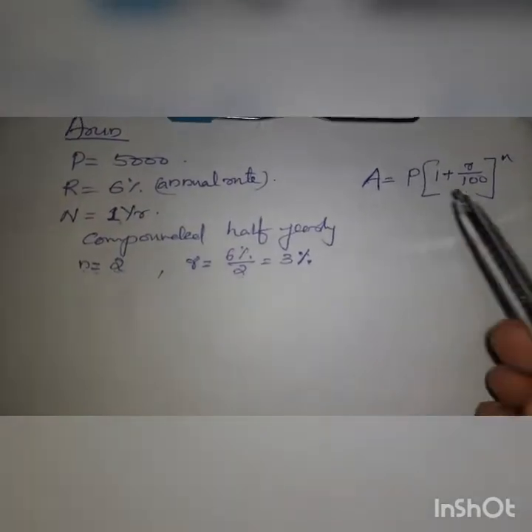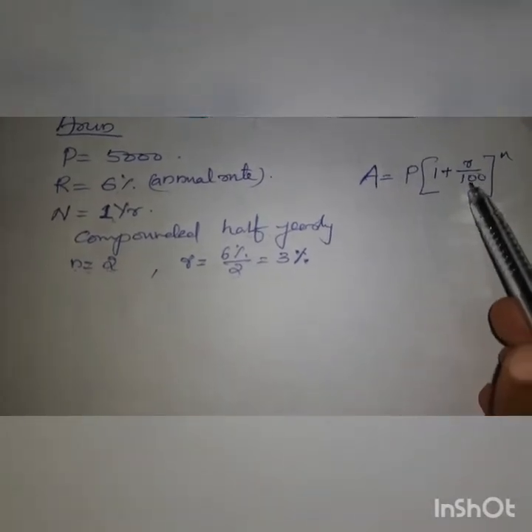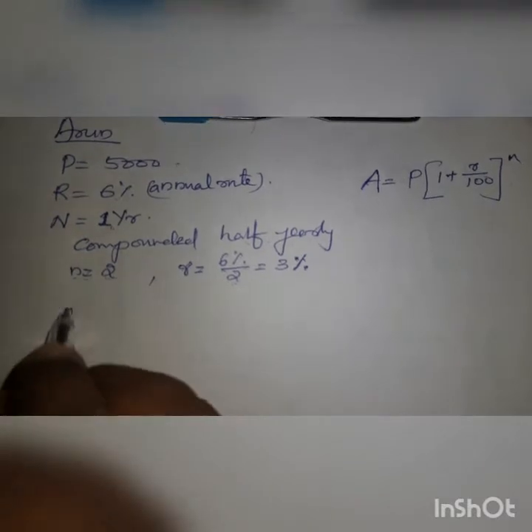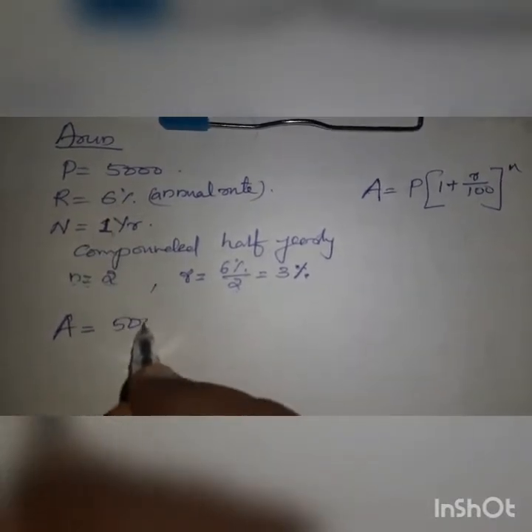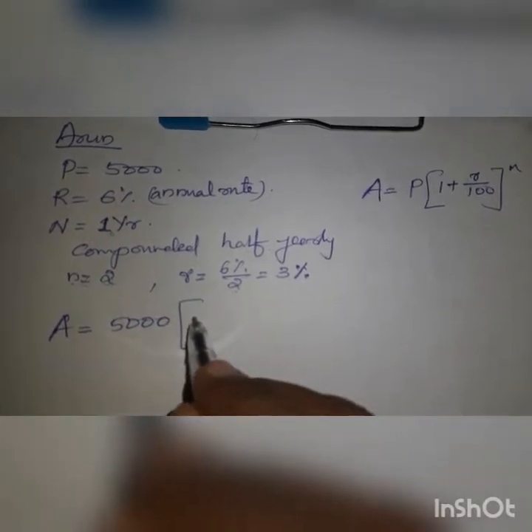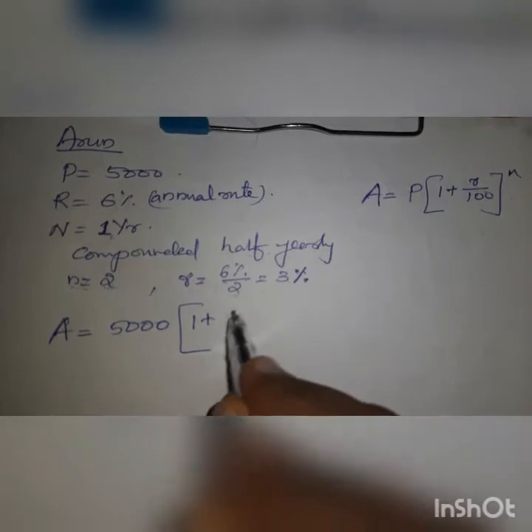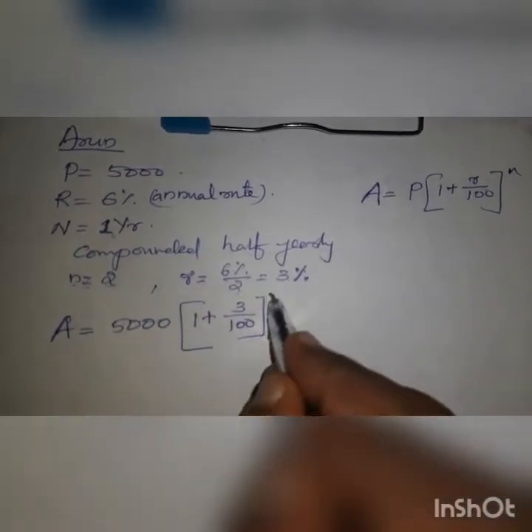So the general equation is A, the amount, is equal to the principal amount into 1 plus rate by 100, raised to n. We are writing about Arun. So 5,000 rupees he deposited, then for the rate of 3% for 2 times.